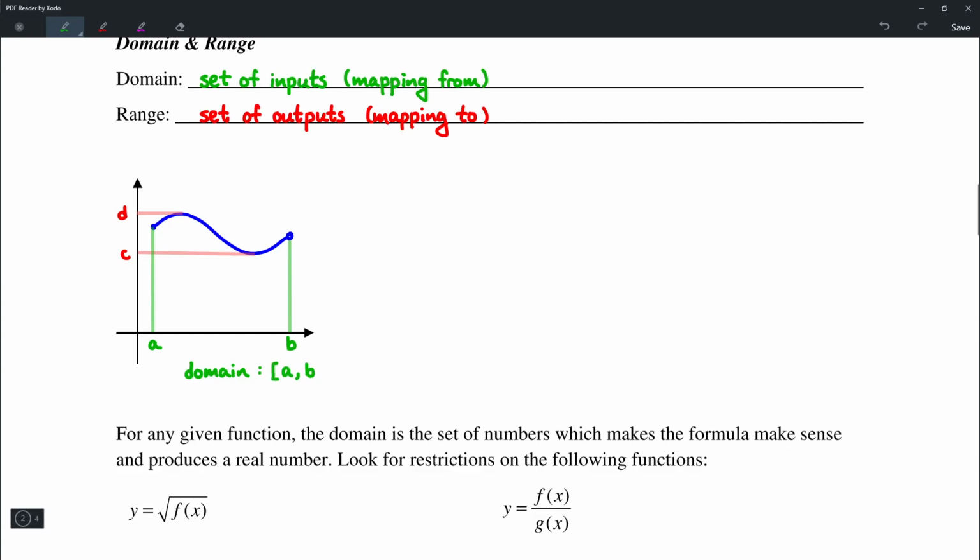Notice the open circle where b is, so that means the boundary value of b is not included in our domain, and we're going to use parenthesis to indicate that it is not included. Whereas on the left hand side, where a is, that's a closed circle, so a is included in our domain, and we use a square bracket for that one. The range is from c to d, and both those boundary values are included.